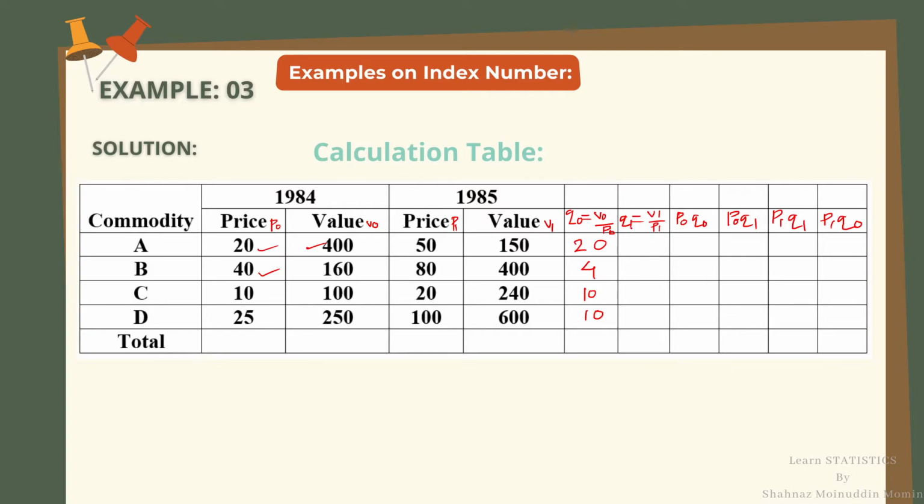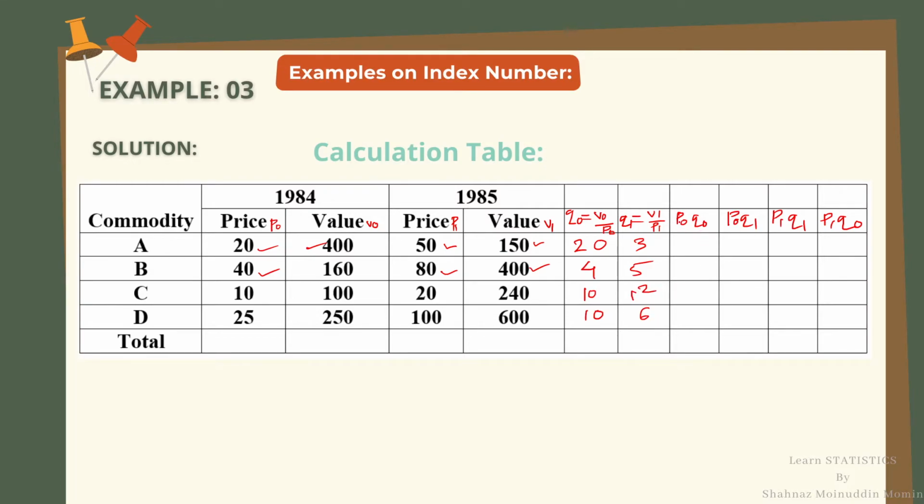Now Q1 is obtained by dividing value V1 in the current year by its price of the current year. V1 by P1 means 150 divided by 50, 3. Next is 400 by 80, 5. Next 12 and 6.